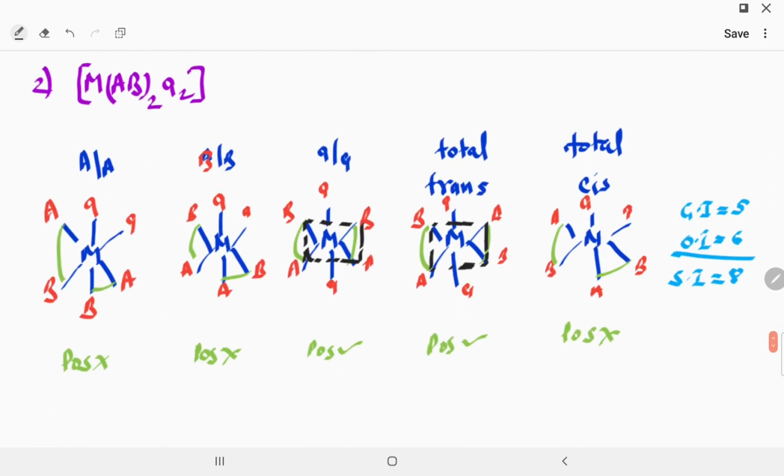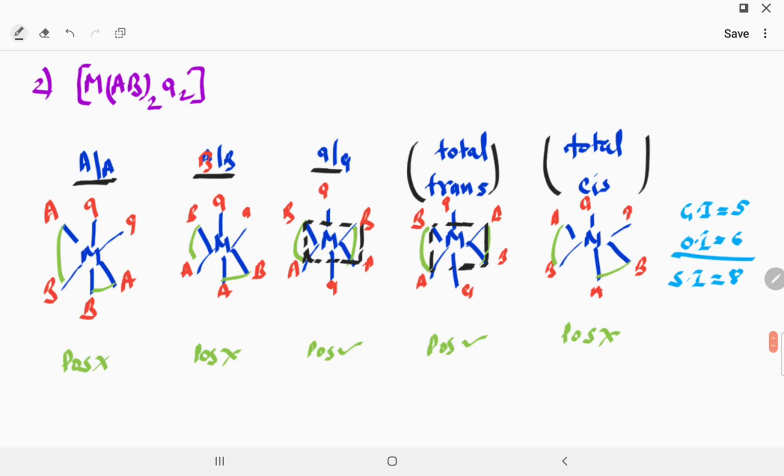Now next one, M(AB)2a2, meaning two unsymmetrical bidentate ligands and two monodentate ligands. So in this we can say AA trans, BB trans, and so on, total trans and total cis.